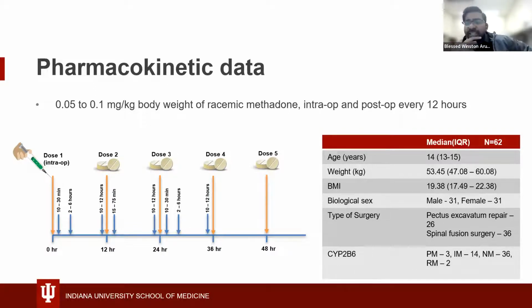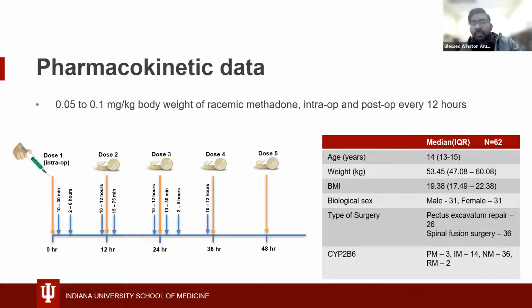The median age range was 13 to 15, which means these are kids on the older age range, where you may know that we're not really expecting any maturation effects. And the weight is on the higher side too. There were equal numbers of males and females. And these were the surgeries they were undergoing: pectus excavatum repair and spinal fusion surgeries.